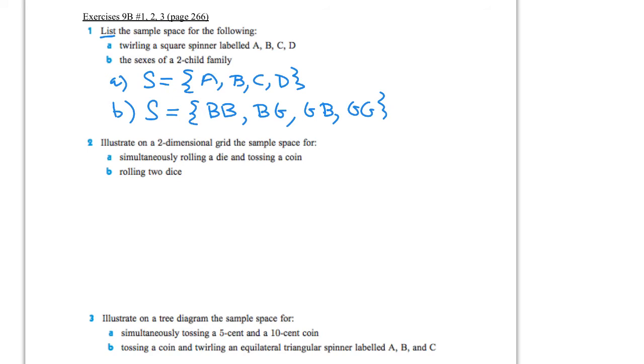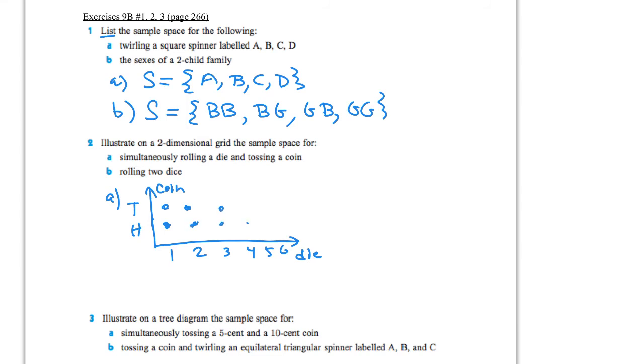All right, let's try the grid. If we roll a die and toss a coin, we have to make a grid. So a grid has two axes. Let's put the die here and the coin here. The coin's going to either be an H or a T, and the die is going to be a 1, 2, 3, 4, 5, 6. That's going to produce 12 dots in the grid, and every one of those dots represents an outcome in this chance process.